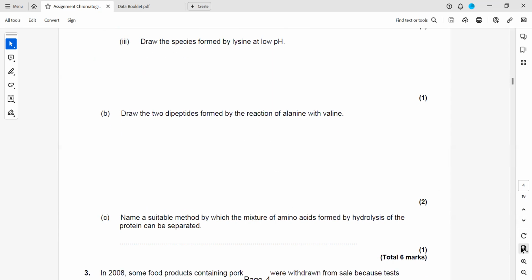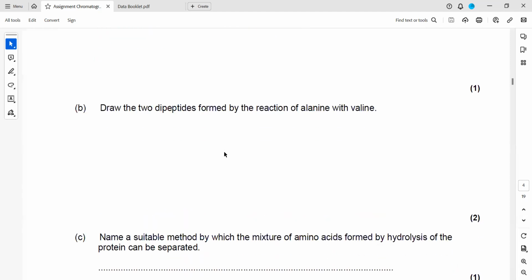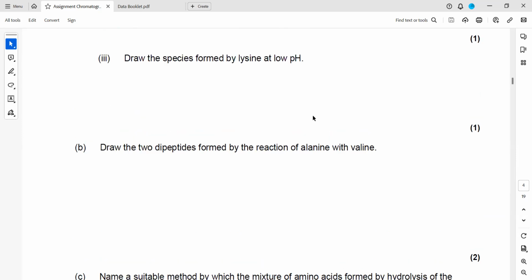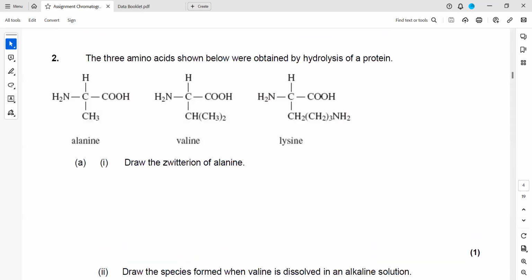In part B, draw the dipeptide formed by the reaction of alanine and valine. So for a dipeptide, having a peptide group, what will happen? One side is H and another side is OH, and they will link with each other.